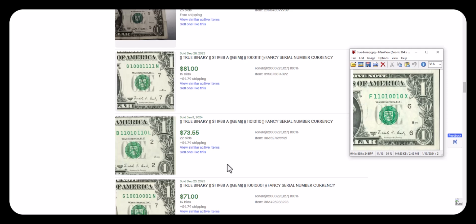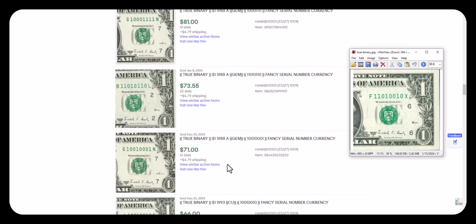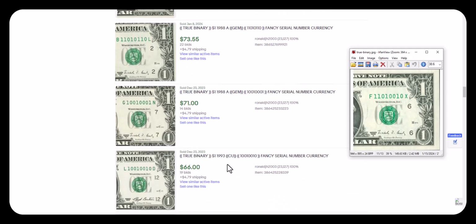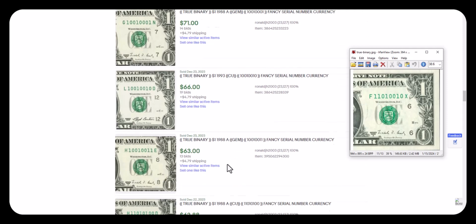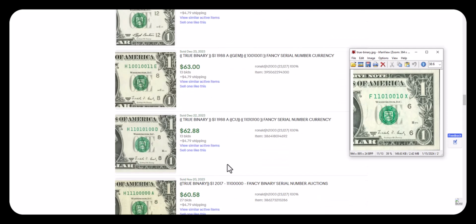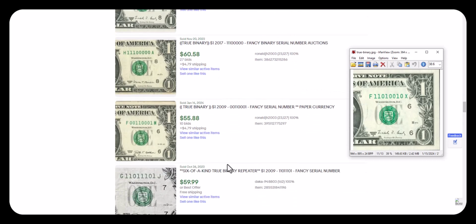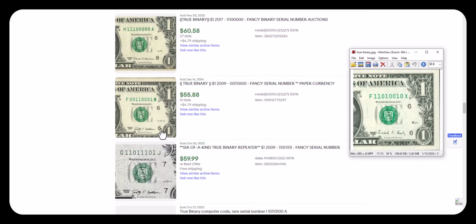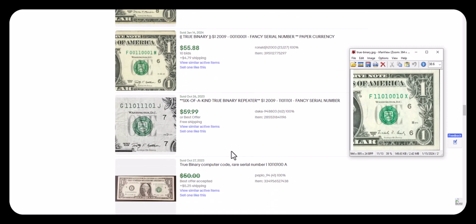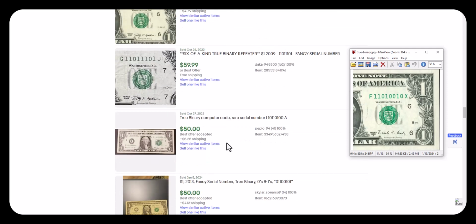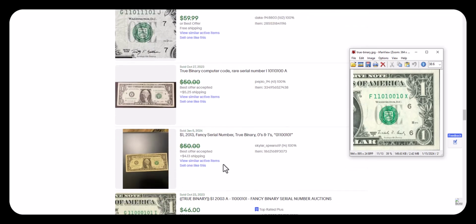And we continue down. We're getting in the 80s and 70s. Here's a 60. Now we're below 60. And so a lot of them sold in the 60 to 70 range. Now we're getting below even that.